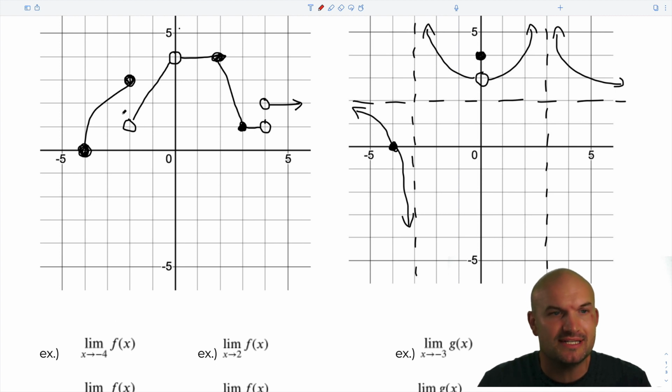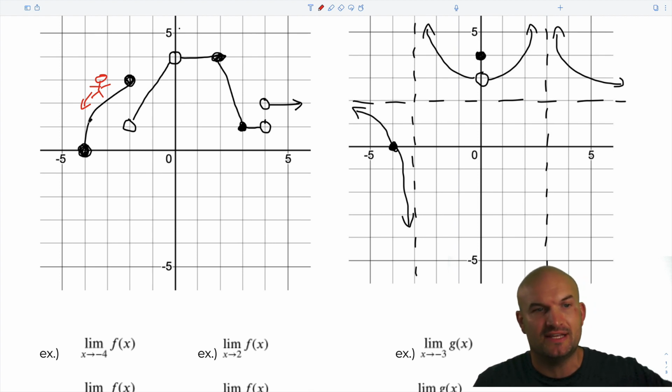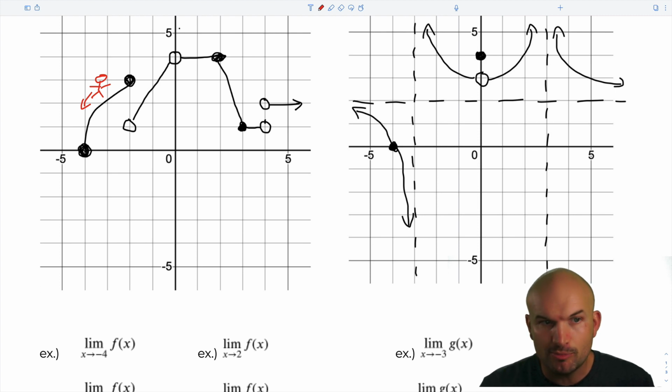Now, if you were to think of a stick figure walking along this graph, jumping up and down, going anything. If they're walking this way from the right to the left, what y value would they be approaching? You can think of the y values as the height or the elevation, and you would say, oh, they're approaching 0.